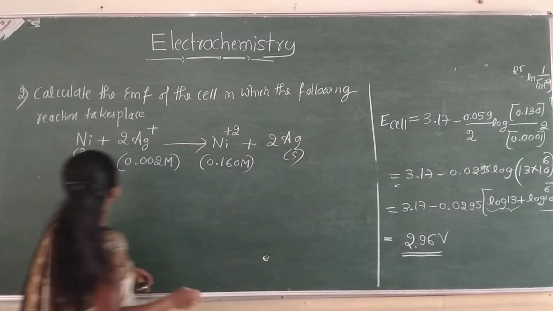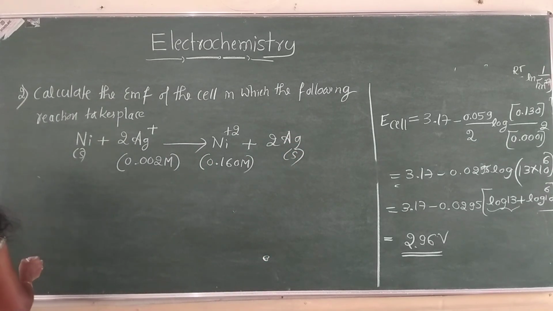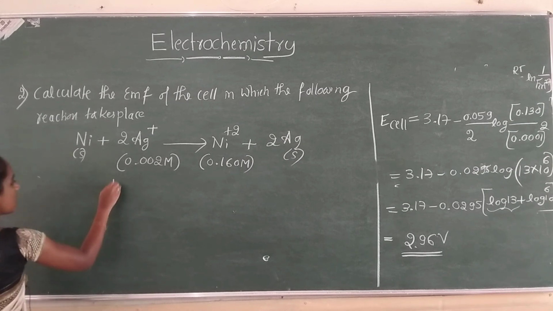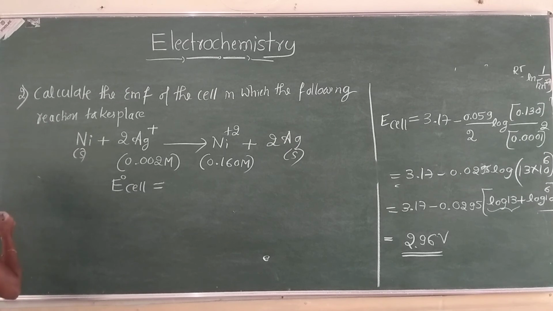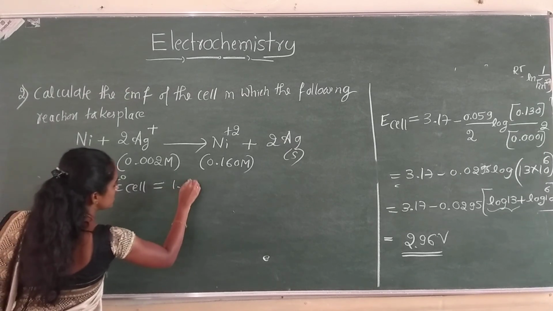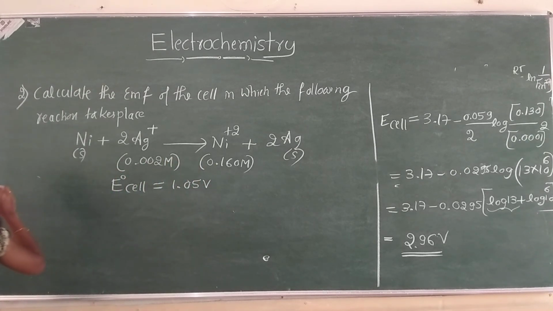Okay. So this is the reaction given, and E naught cell is equal to 1.05 volt. Calculate the EMF of the cell.